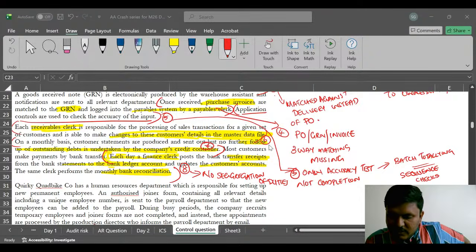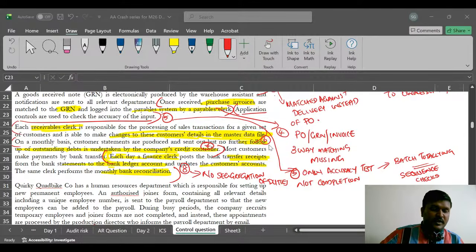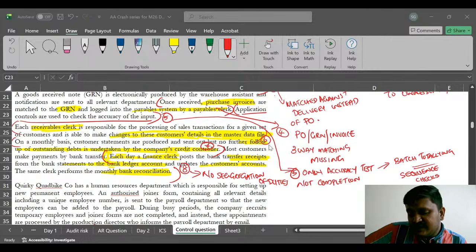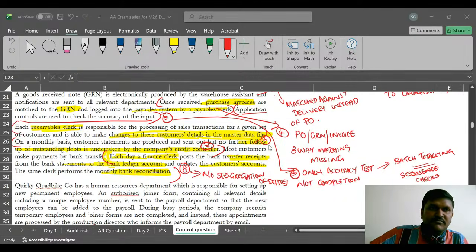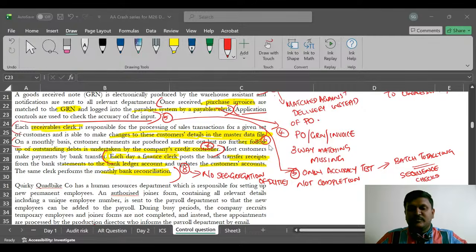Lack of authorization: can I write the impact on FS to explain the deficiency? No, never. You might get marks, Deepak, for writing the impact on FS to explain the deficiency. But the problem is that since we have one exam technique for audit risk, there is a chance that you might end up writing the audit responses rather than the control-related things.